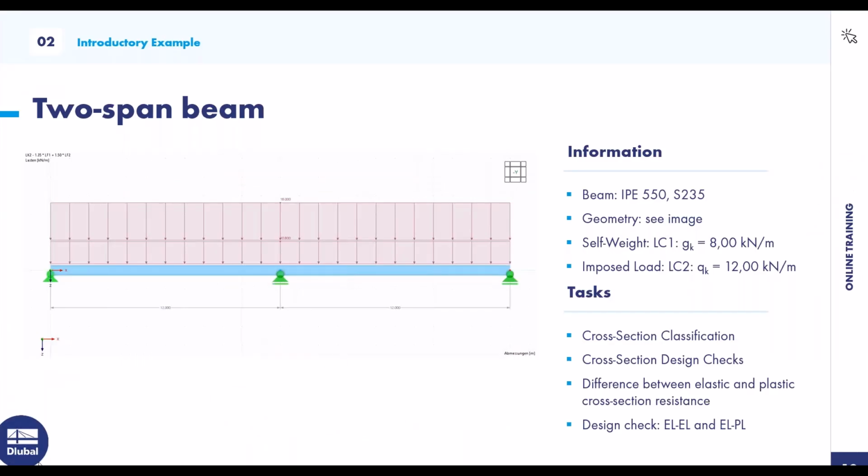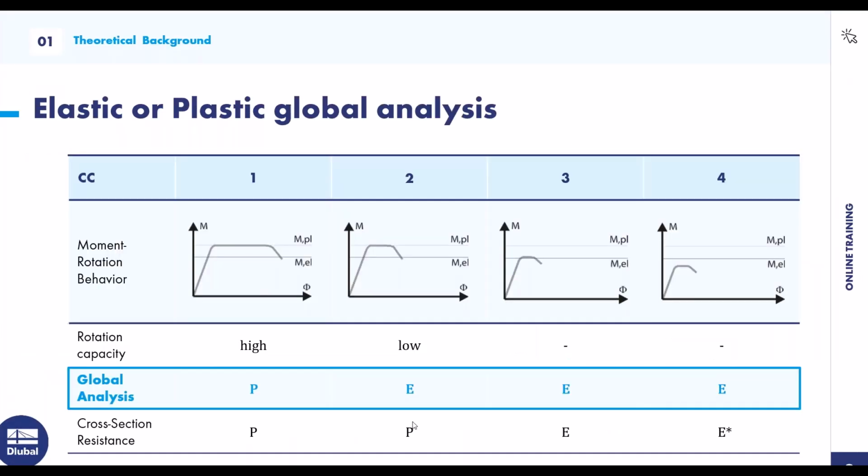So, for the cross-section classes 1 and 2, you can consider a plastic cross-section resistance. That's what we did in the first step. The program detected that the cross-section is in class 1, and that's why the program did consider the plastic cross-section resistance.